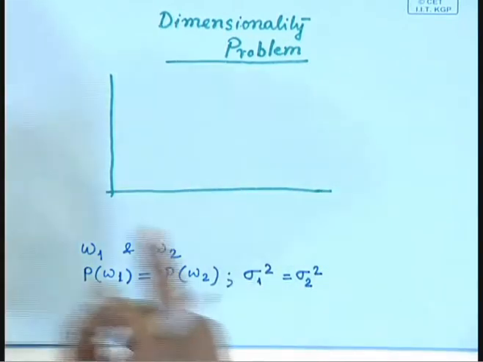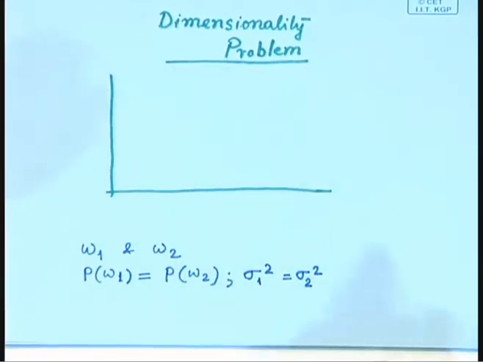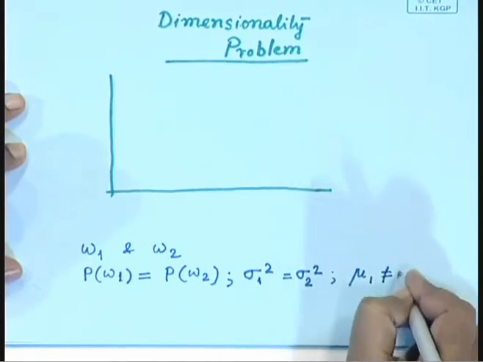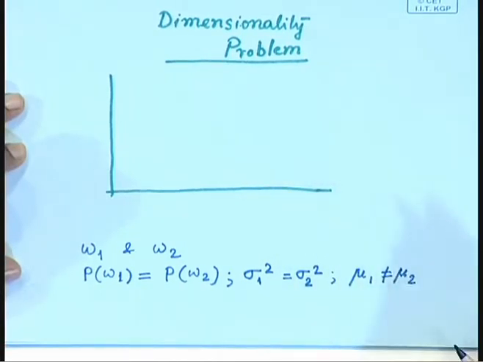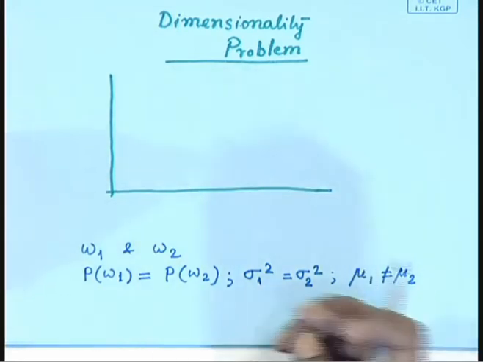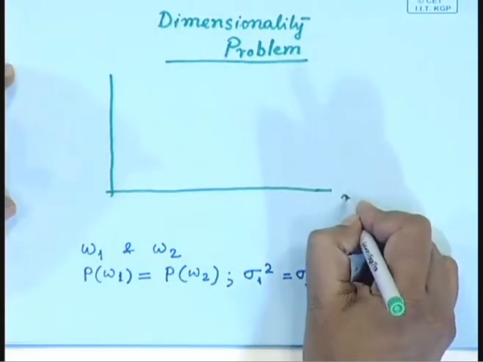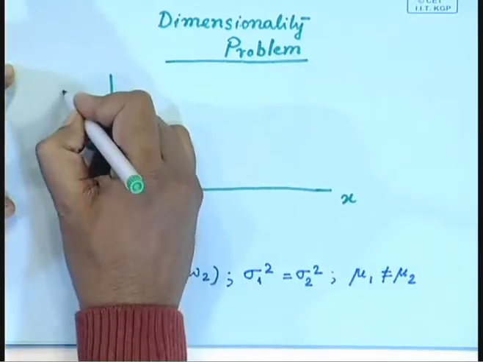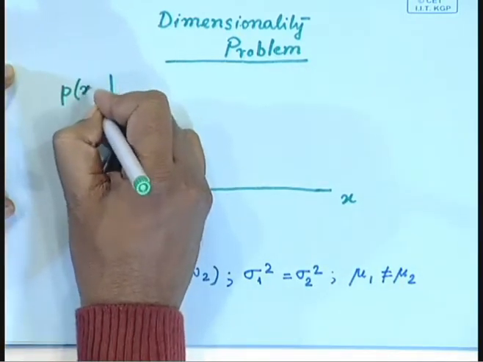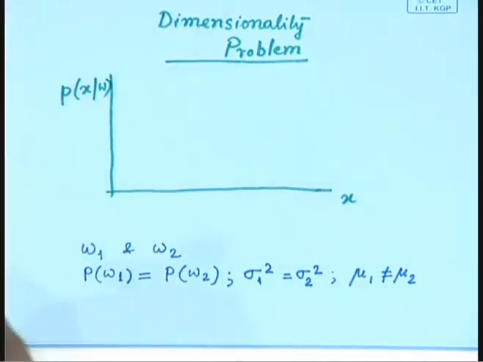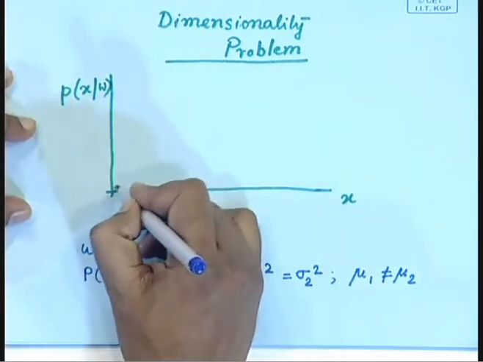That means both the probability density functions have the same size and same shape, but the means are different, that is, mu 1 is not equal to mu 2, obviously, because if mu 1 and mu 2 were also the same, that would mean I have the same probability density functions, which are not different. So, given this, I plot p of x given omega 1 and p of x given omega 2. Let me plot in this side p of x given omega, and suppose the probability density functions are something like this.